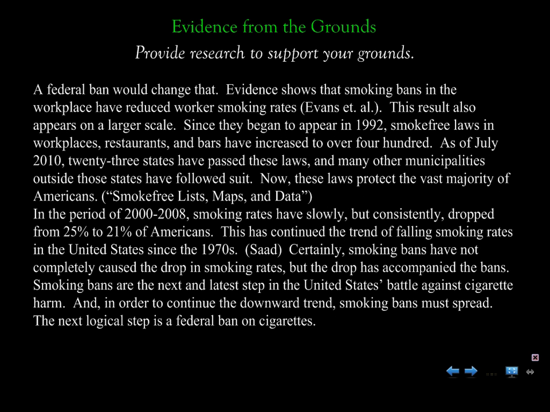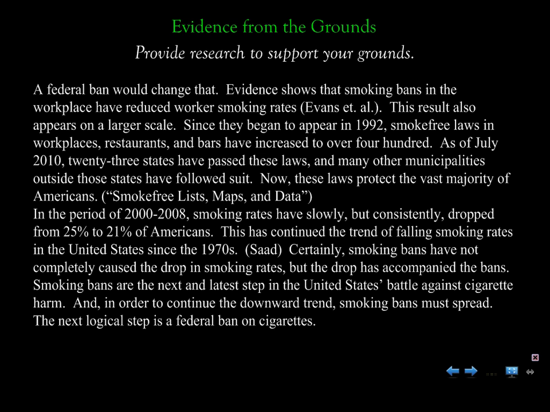A federal ban would change that. Evidence shows that smoking bans in the workplace have reduced worker smoking rates. This result also appears on a larger scale. Since they began to appear in 1992, smoke-free laws in workplaces, restaurants, and bars have increased to over 400. As of July 2010, 23 states have passed these laws, and many other municipalities outside those states have followed suit. Now, these laws protect the vast majority of Americans.